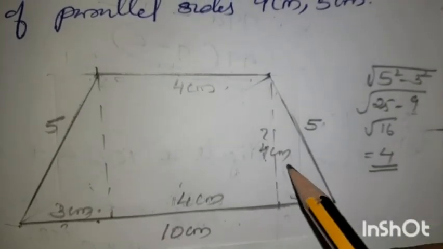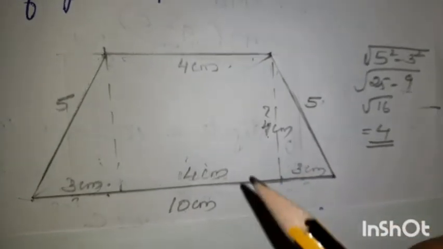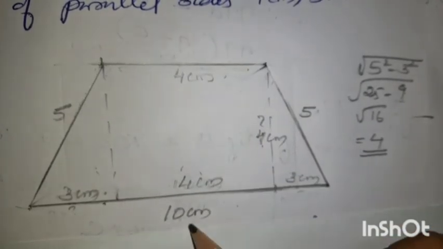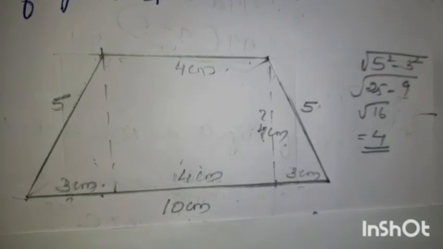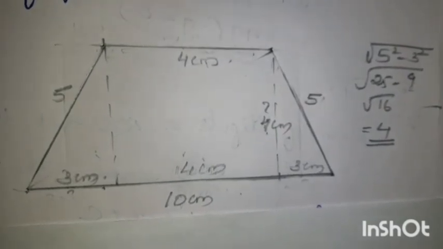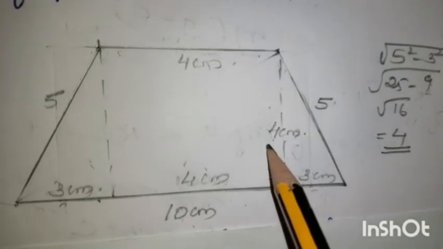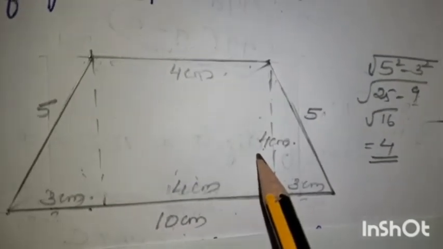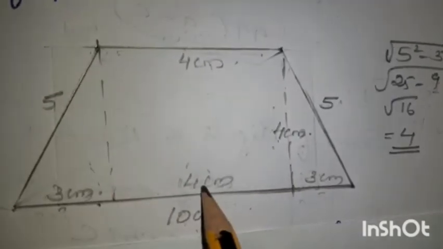Either using the area of triangle plus area of rectangle you can find out, or directly, as the height is 4 centimeter and the sum of parallel sides 10 and 4, find out the area. So you got the height as 4 centimeter. Using that you have to find out the area of trapezium. Either use directly or use the area of triangle plus area of rectangle.